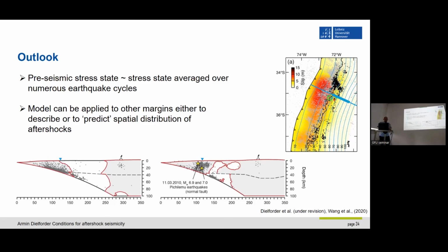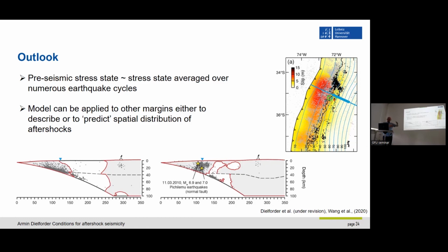For me, the main reason to think so is, first of all, it seems logical that they also affect the stress state. But we look at elastic changes in stress, which, if they were purely elastic, would be instantaneous.